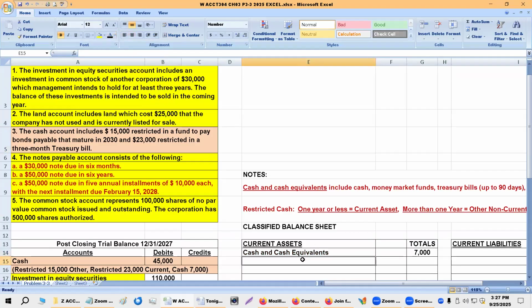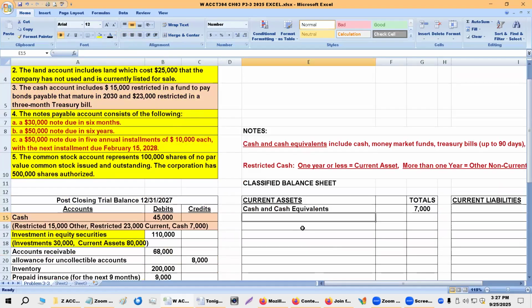Okay, so restricted. Cash restricted for the current is 23,000.